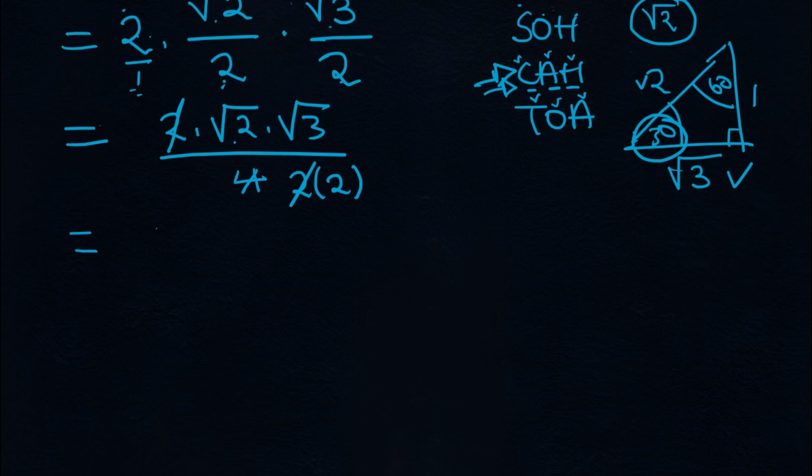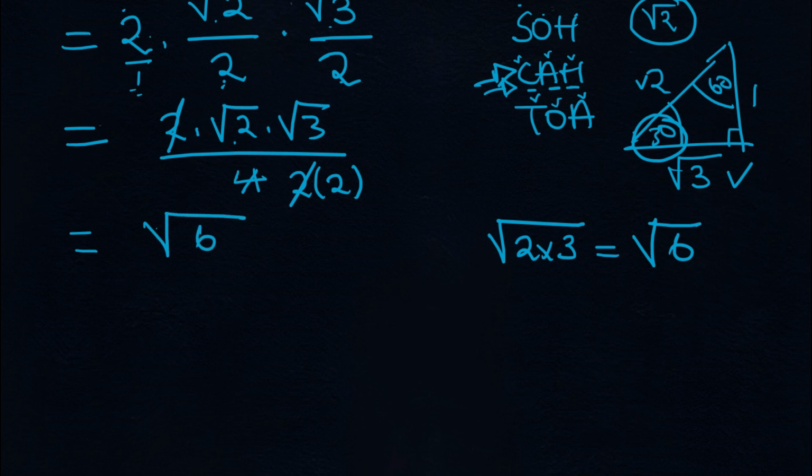The square root of 2 multiplied by the square root of 3 is the same as a single square root of 2 multiplied by 3, so this is going to give us the square root of 6. And we are only left with 2 as a denominator, so our answer is going to be the square root of 6 divided by 2.